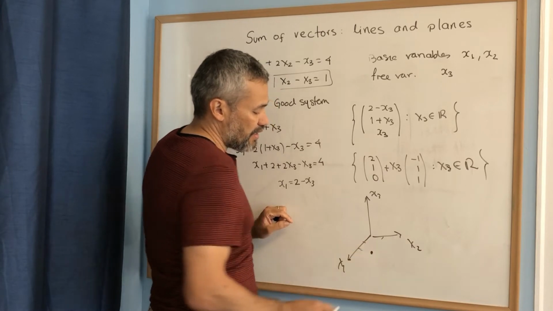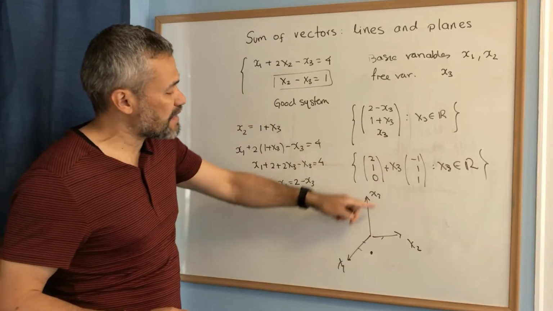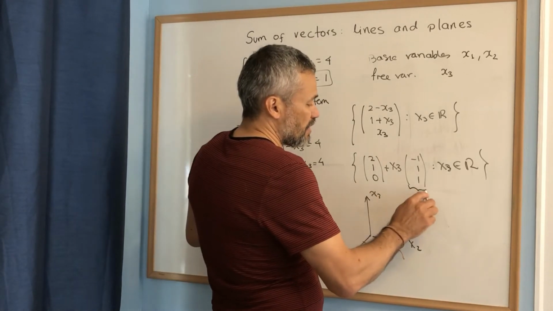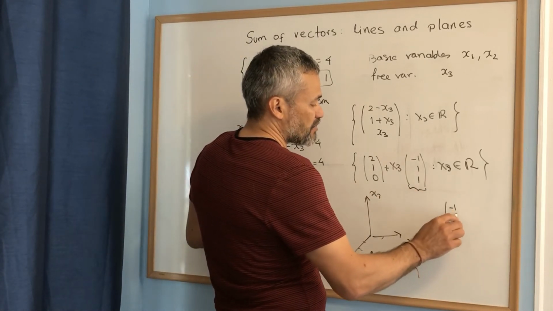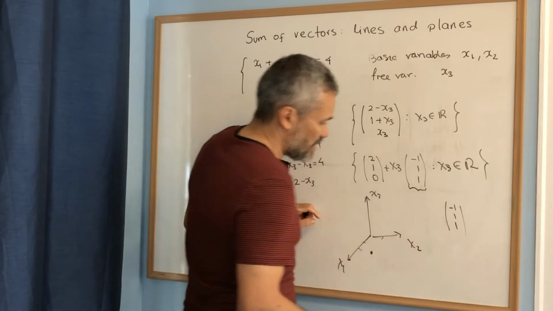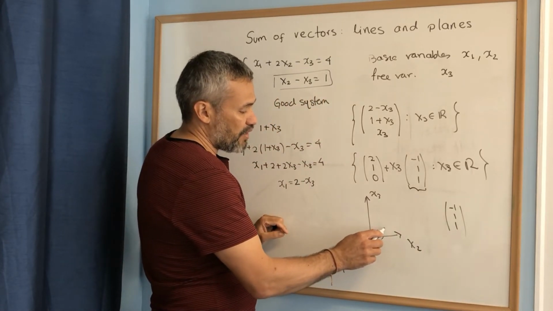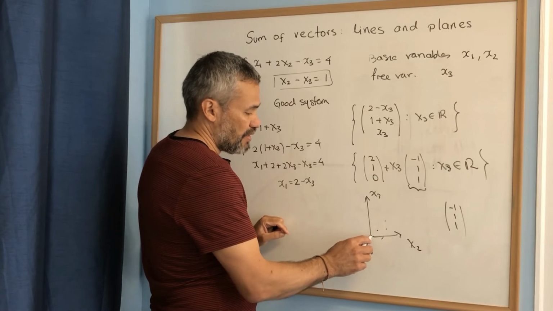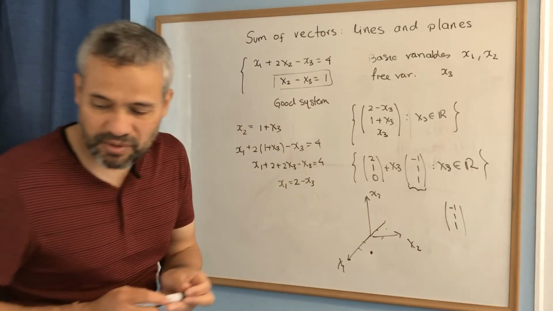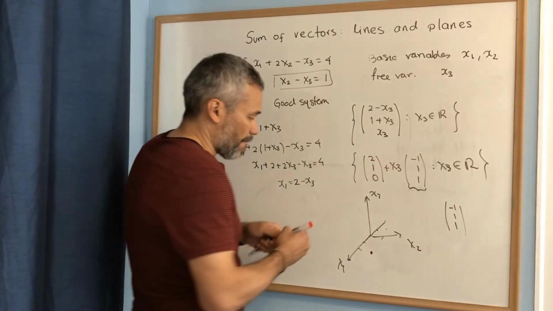It goes through this point and is parallel to the line of vectors that are parallel to this. Negative 1 for x1, 1 for x2 and 1 for x3 is parallel to this line.